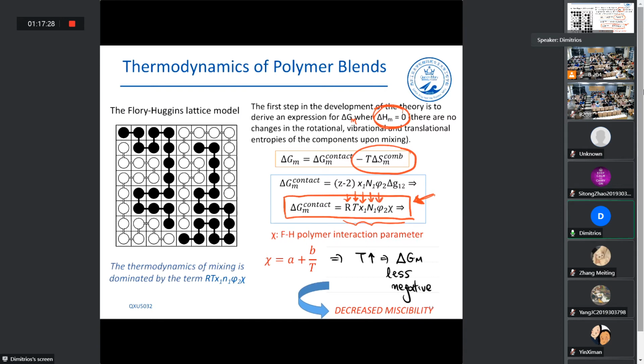Phi2 is the volume fraction, and chi is the Flory-Huggins interaction parameter. That is an important parameter, because it can provide information regarding miscibility. So the Flory-Huggins interaction parameter is a criterion.